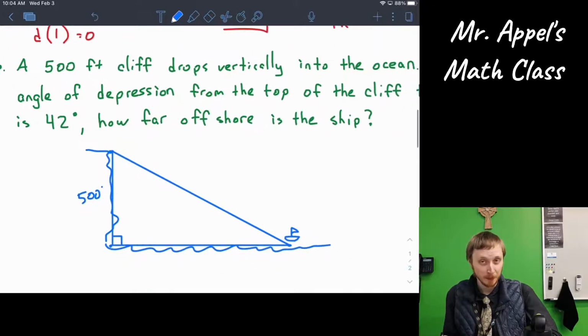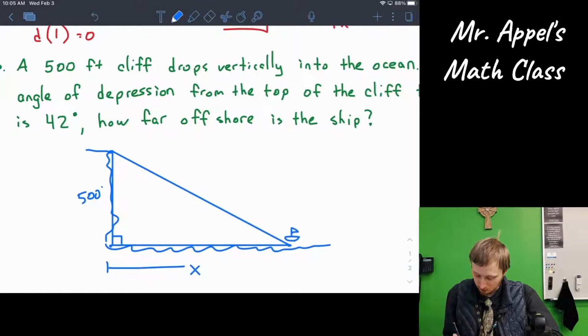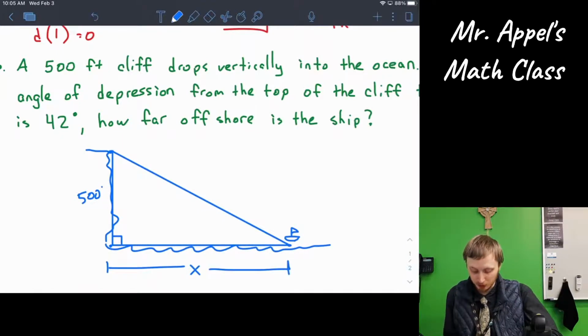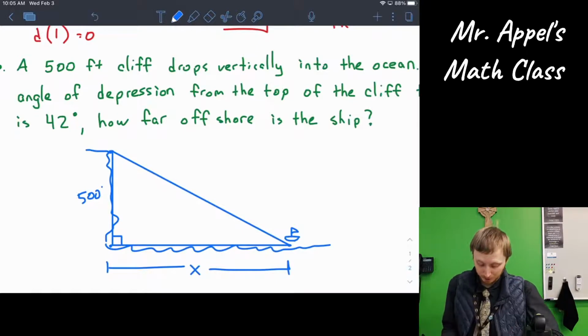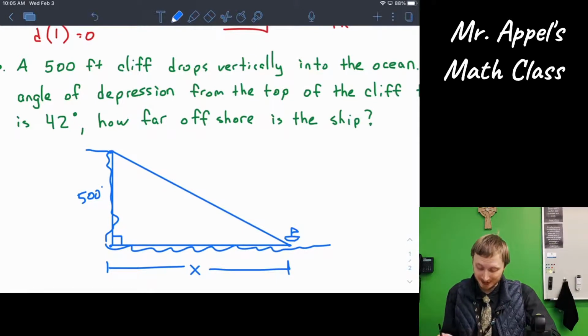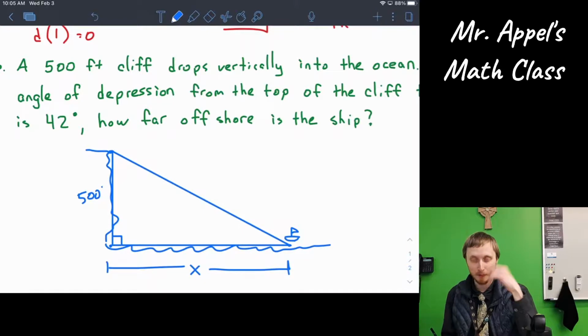Beautiful picture, right? So we want to know how far is the boat? How far offshore is the ship? And all we know is the height of the cliff and the angle of depression from the top of the cliff.